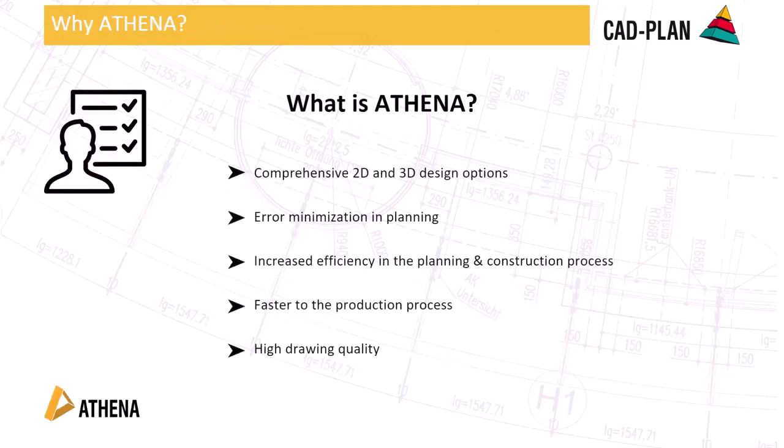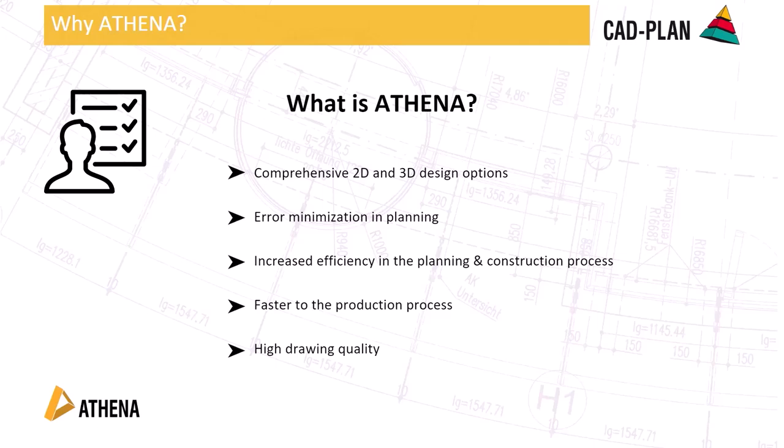So what is Athena? Athena is a comprehensive 2D and 3D CAD software in facade engineering and curtain wall design. Athena comes with key benefits like error minimization in the planning and increased efficiency in the construction process. You can export your whole construction into the Plus and directly to the manufacturing.